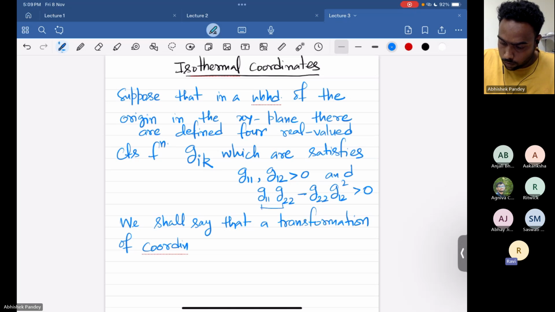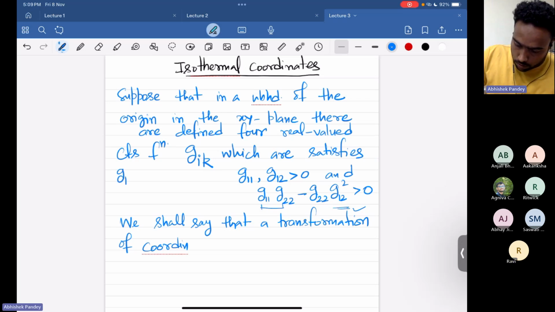Is it G22? No, above this one. I'm thinking of a single element, so maybe this will instead form a matrix of G. With this condition, can you check that it is positive definite? Yeah, then that should be G22 there.